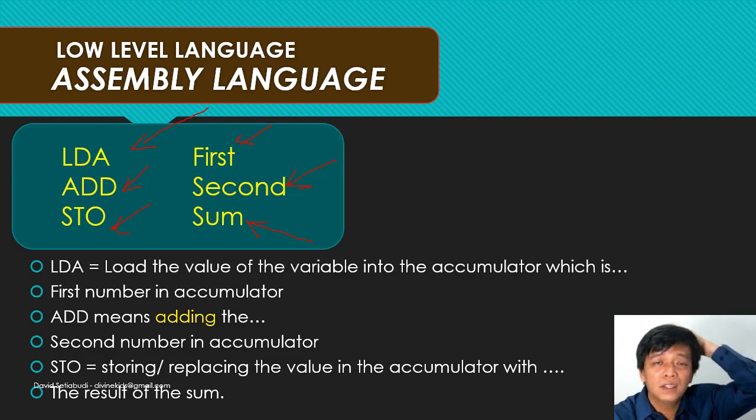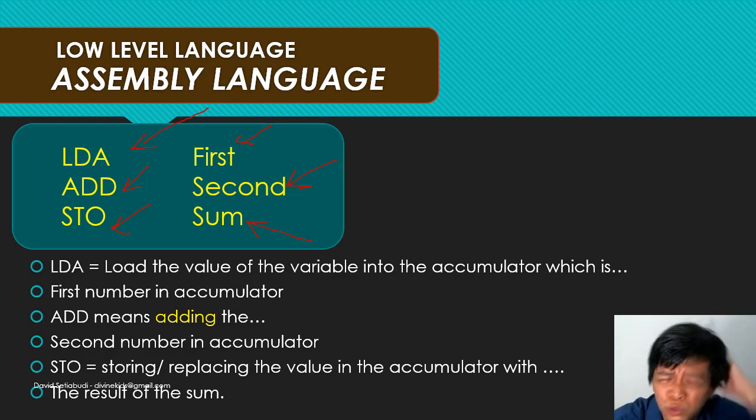Okay, what is the meaning of those words? LDA: load the value of the variable into the accumulator, which is first here, meaning first number in the accumulator. So you put the first number there. And then ADD means adding the second number to the accumulator. STO is storing, or replacing the value in the accumulator with the result of the sum.